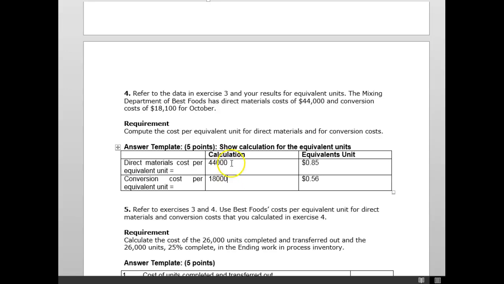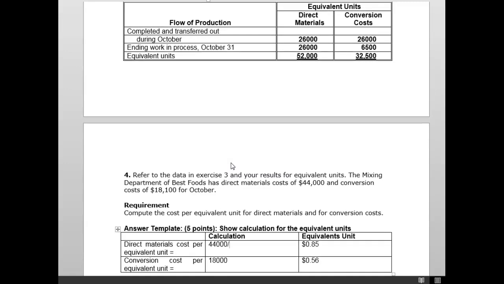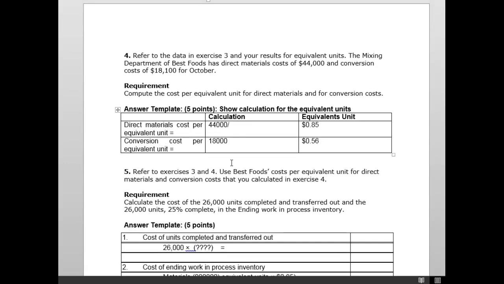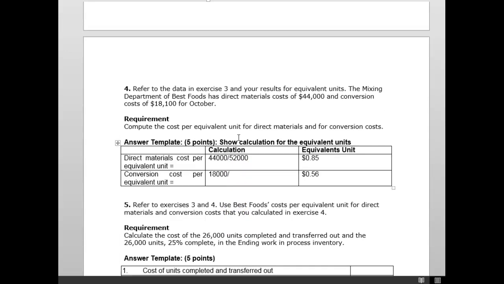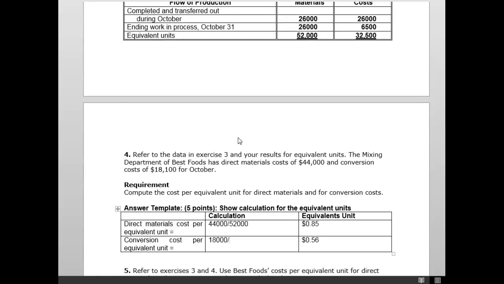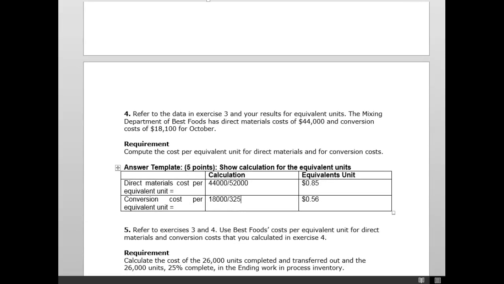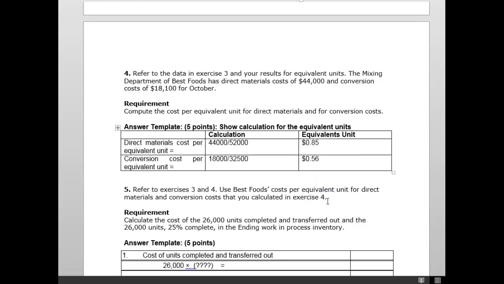So we would just divide that by the equivalent units found up here. So now you would have 44,000 divided by 52,000, and 18,000 divided by 32,500. And that should equal these two numbers here.